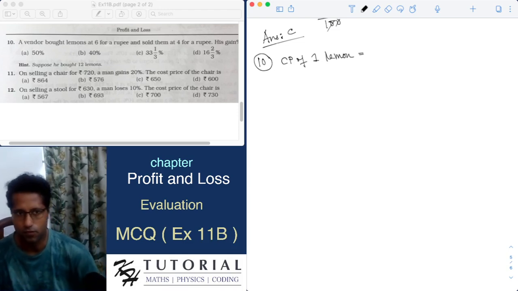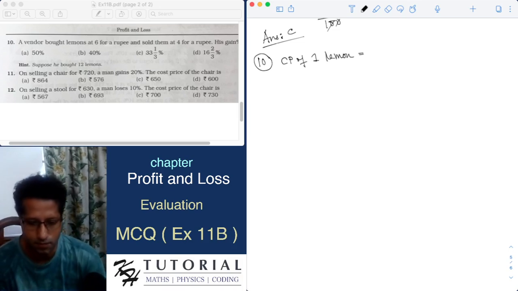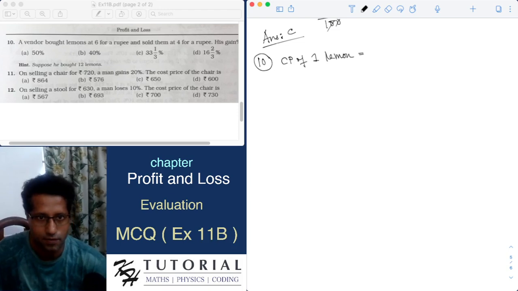So for this kind of problem, you can always consider the cost price and selling price of 1 lemon. It is given that the vendor bought 6 lemons for a rupee. So cost price of 1 lemon should be rupees 1 by 6. Cost of 6 lemons is rupee 1.